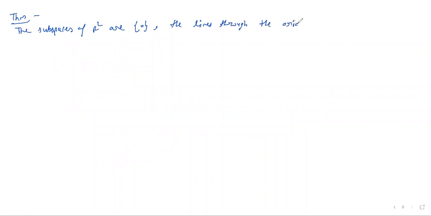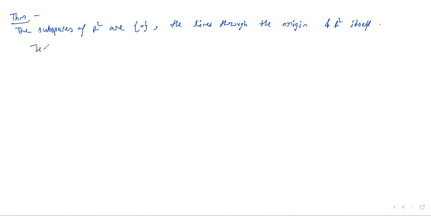Let's see a very important theorem. The subspaces of R square are zero, the lines through the origin, and R square itself.